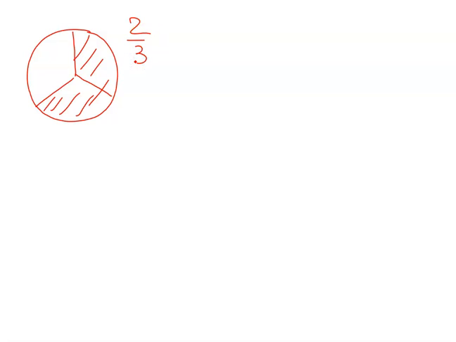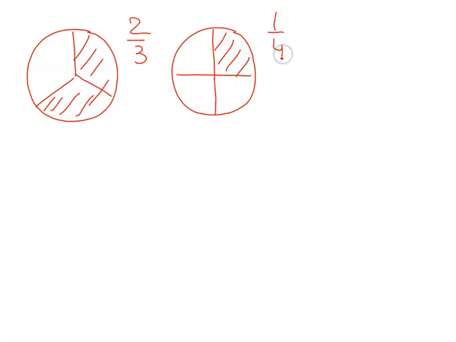On Sunday you had friends again, and again you had a pizza, and now only 1/4 left. So the question is, how much of pizza you have for Monday? So we need to add 2/3 plus 1/4. The denominators are different. So Ty, can you find pizza for us?